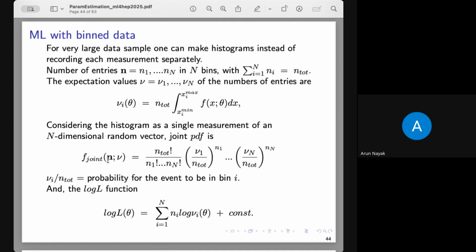This joint probability is the likelihood. So if we write the log likelihood function, the log of this term, then this will be basically the sum over ni times log nu i plus a constant. The constant comes from this.